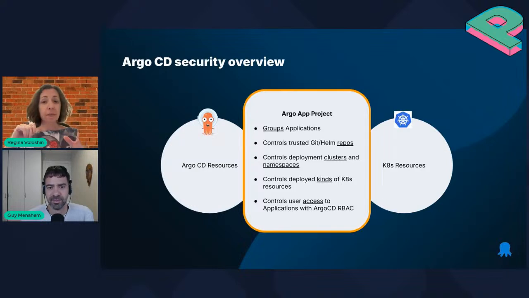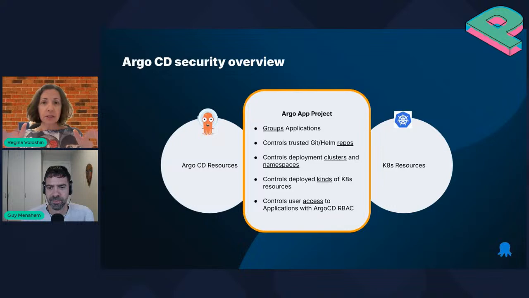One aspect is controlling the access to ArgoCD resources: who can sync, who can update an application. And the other aspect is restricting the Kubernetes resources from the Kubernetes point of view, which means restricting which Kubernetes kinds an application can deploy, from which Git or Helm repositories, and to which clusters and namespaces those will be deployed.